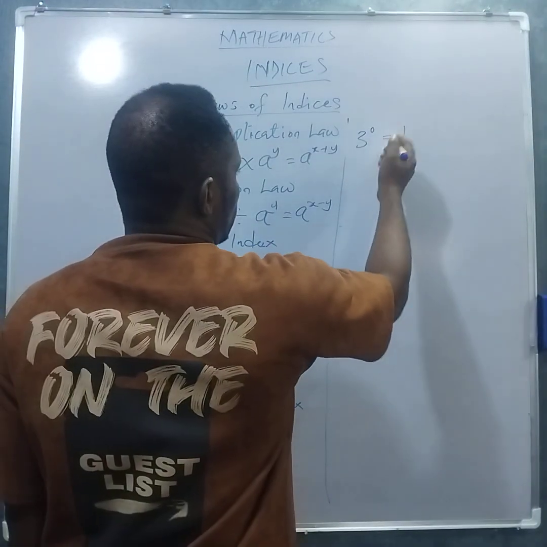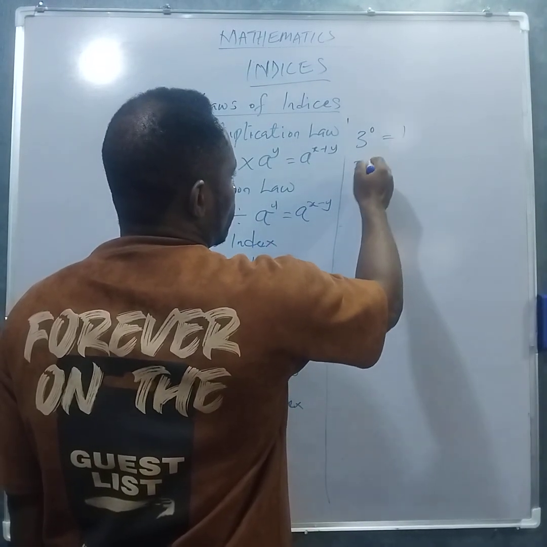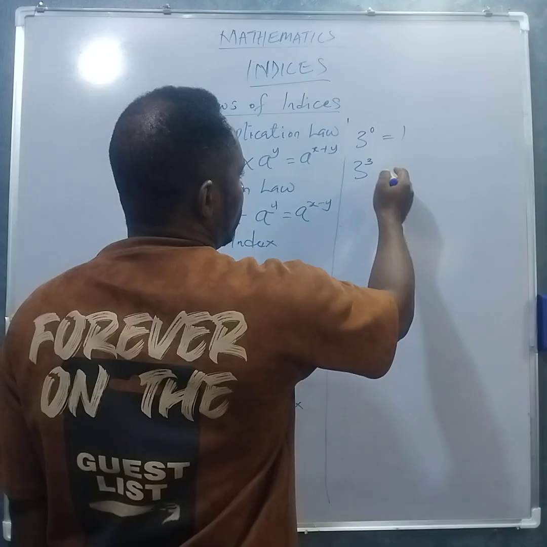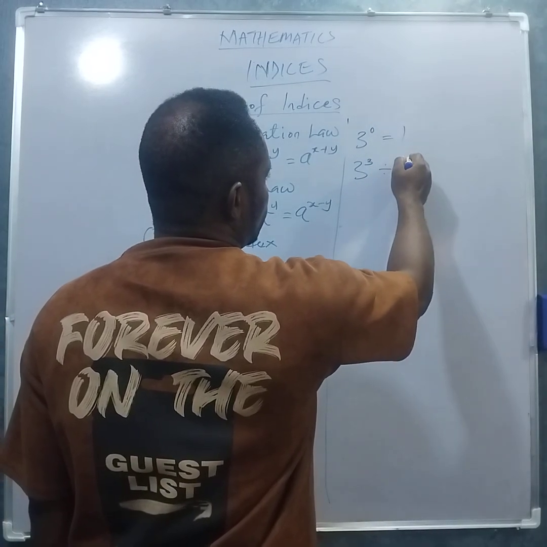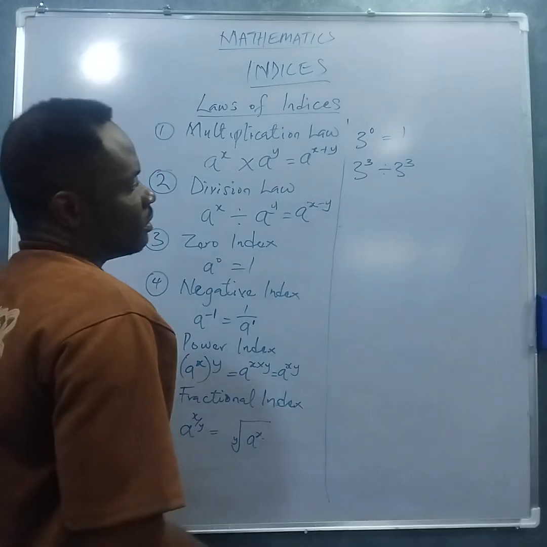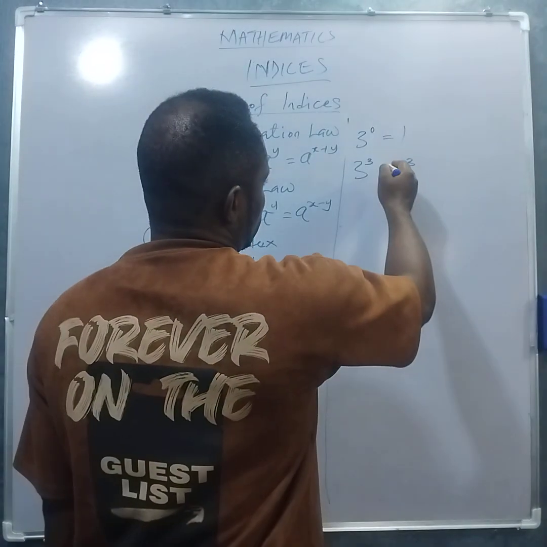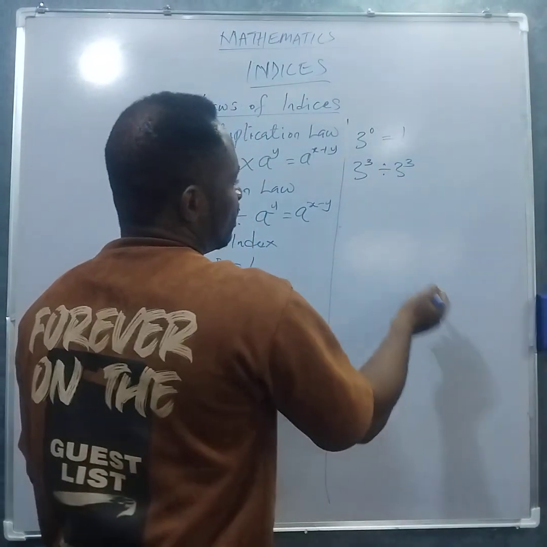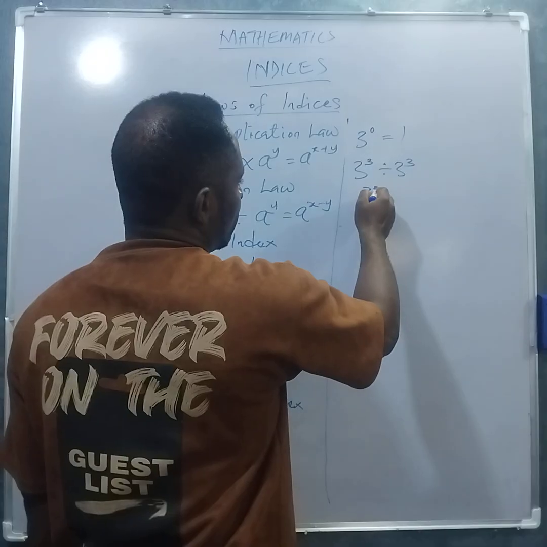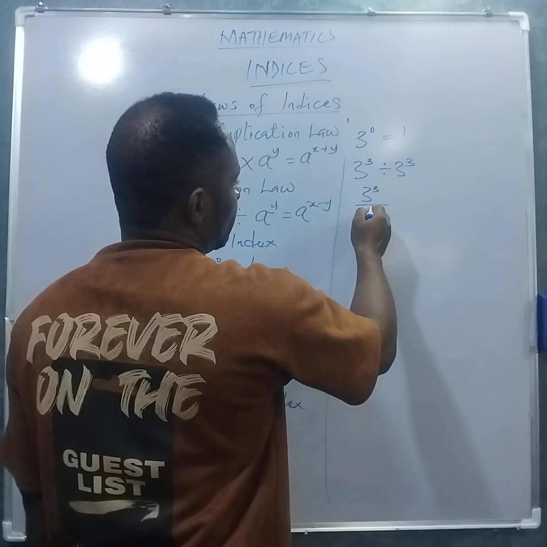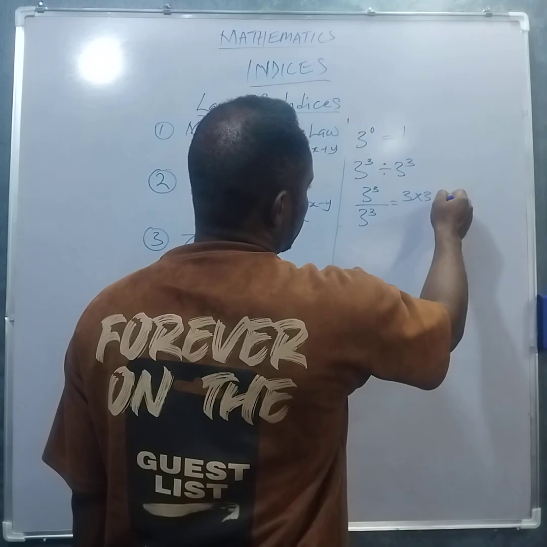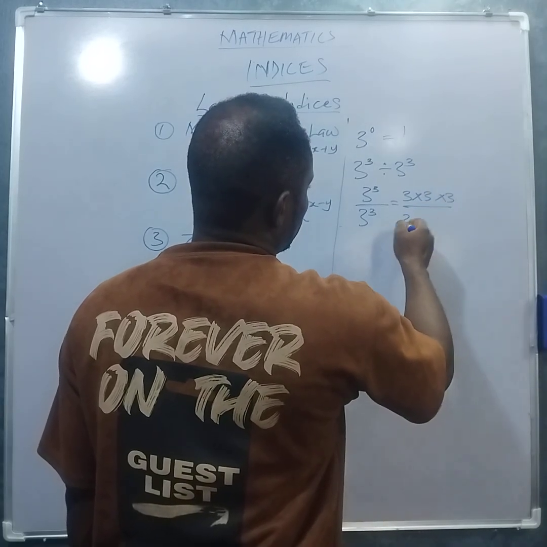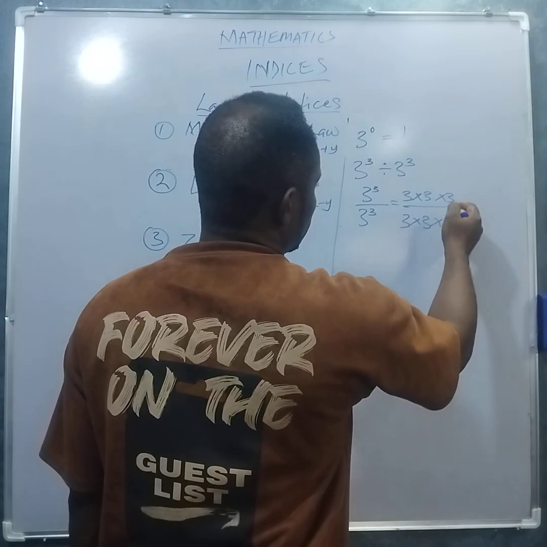So if you have 3 raised to power 3 divided by 3 raised to power 3, it means 3 times 3 times 3 all over 3 times 3 times 3.